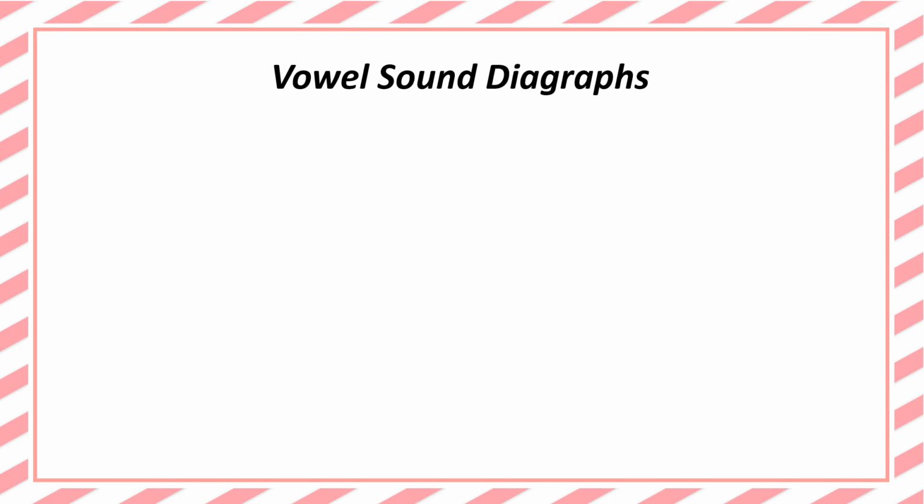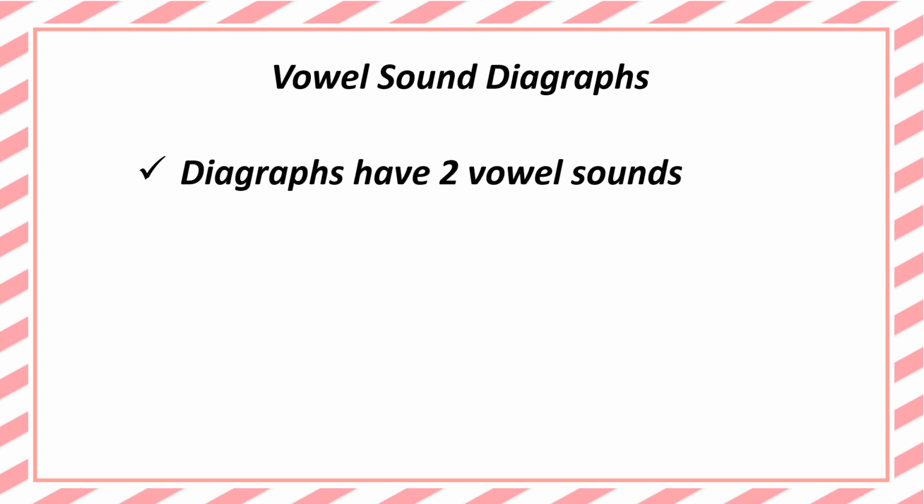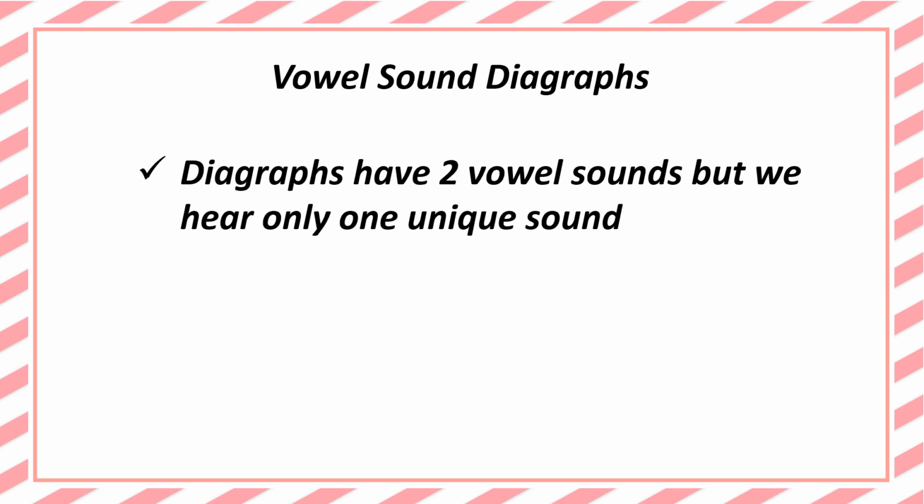Vowel sound digraphs. Digraphs have two vowel letters, but we hear only one unique sound. As we discussed consonant digraphs, which are very helpful for kids and can be introduced at senior KG level.